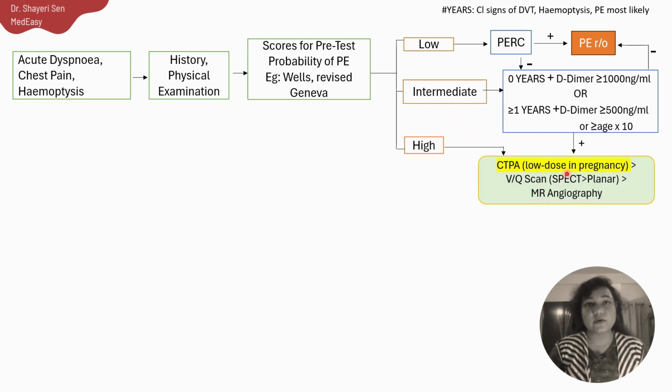So earlier we used to be worried about the radiation exposure in pregnancy, but this guideline specifies that a low dose CTPA can be used in pregnant patients. Now, CTPA is better than a VQ scan, and if you're using a VQ scan, a SPECT is better than a planar, and a VQ scan is better than MR angiography, right?